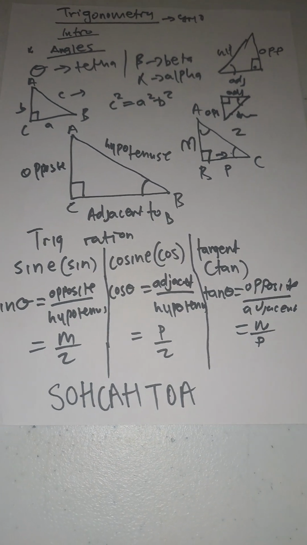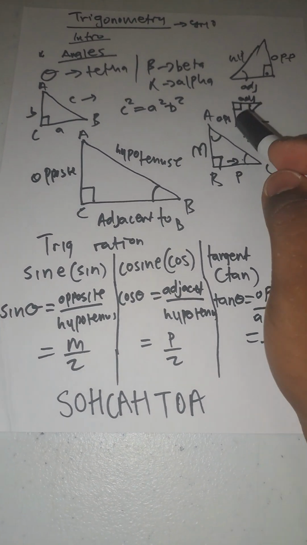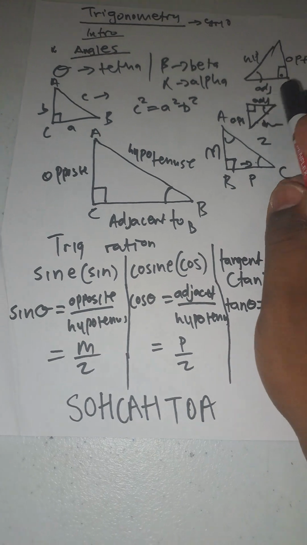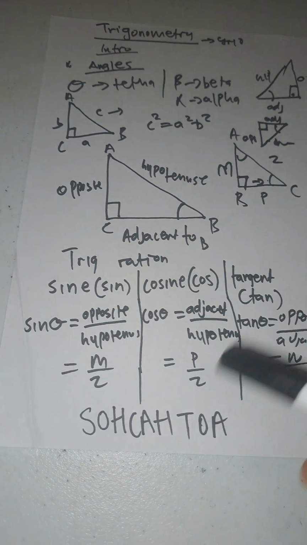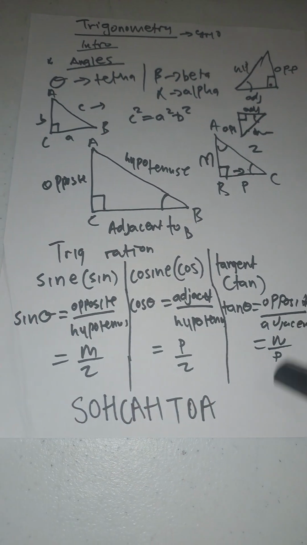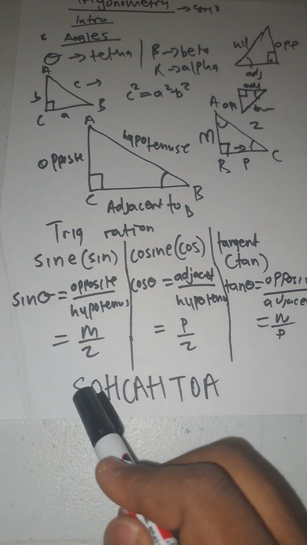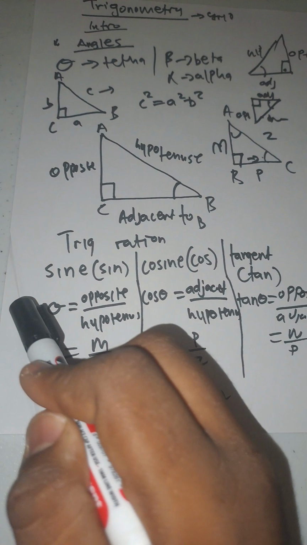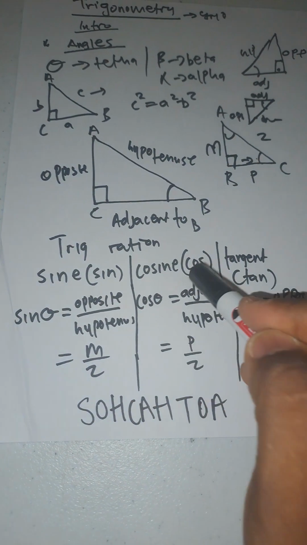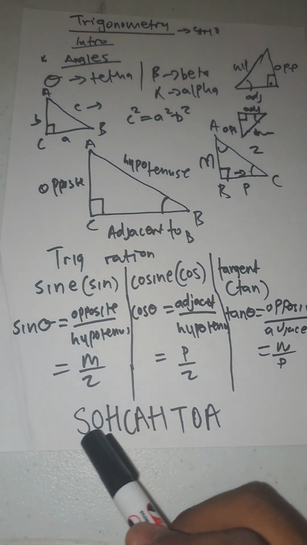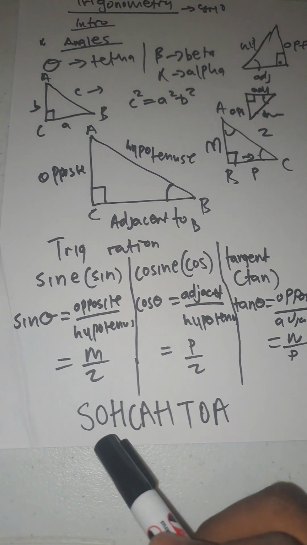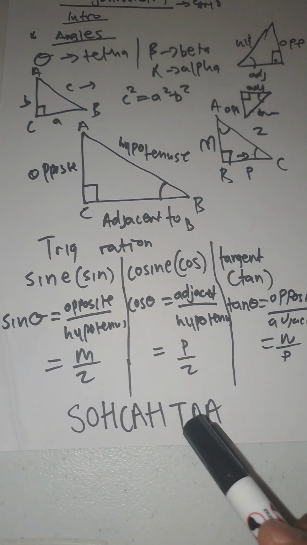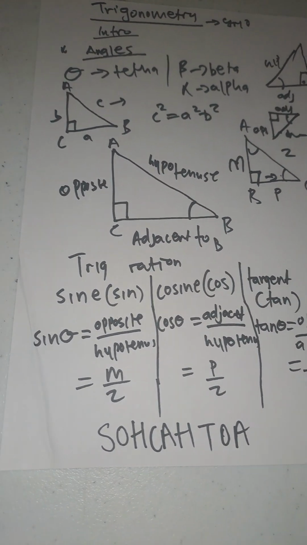Okay, so now after making sure that you rearrange your triangle, make sure that it is like this so that you can be able to understand and choose the sine theta, cos theta, and tan theta. And know that so ka toa is the best way to remember that, because S for sine, O for opposite, H for hypotenuse. So O over this, A over this, O over A. You see, that's how it is.